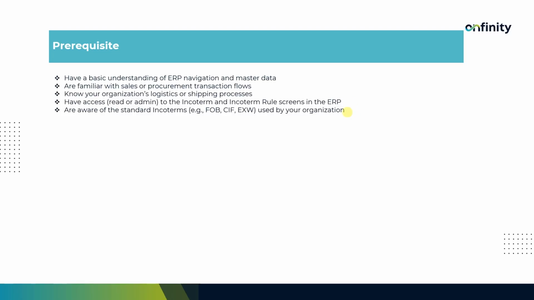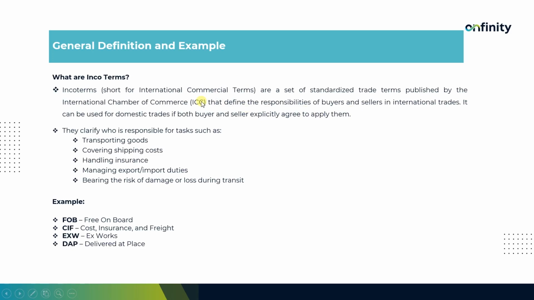Finally, you should be aware of the standard Incoterms used by your organization. For example, FOB, which stands for Free On Board, CIF, which stands for Cost, Insurance, and Freight, and EXW, which stands for Ex Works.